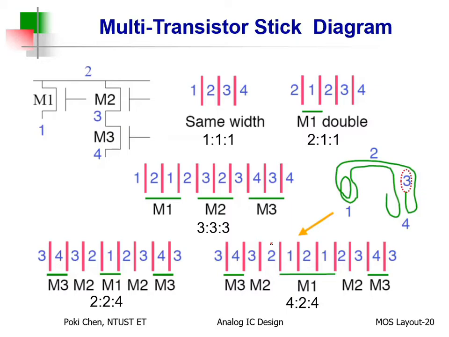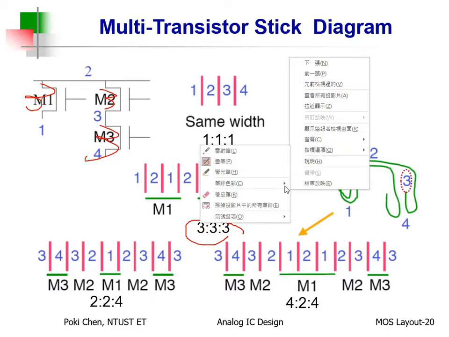In this way, we can go further for an even more complicated one. For example, everybody has 3 segments. So how can you stack the layout for all of them? The easiest one is this.